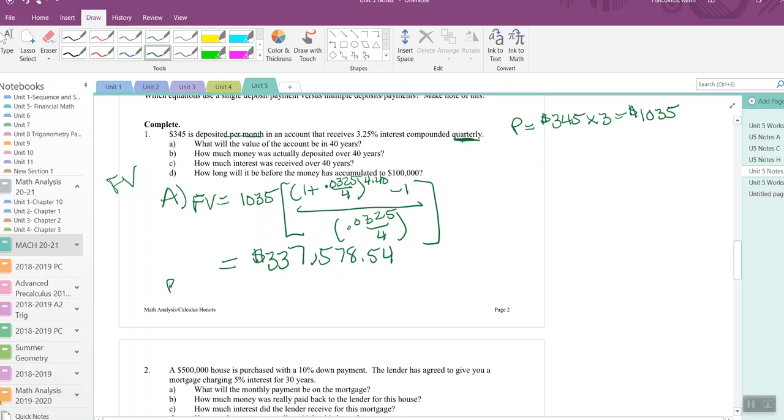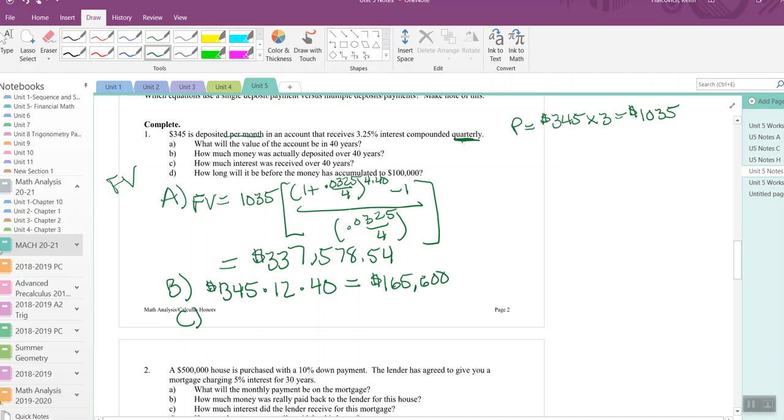For part B, it wants to know how much money was deposited over 40 years. So you take the monthly payments, which is 345, times 12, because there are 12 months in a year, times 40, because there are 40 years. When you do that, you get $165,600. That's how much you deposited over the 40 years.